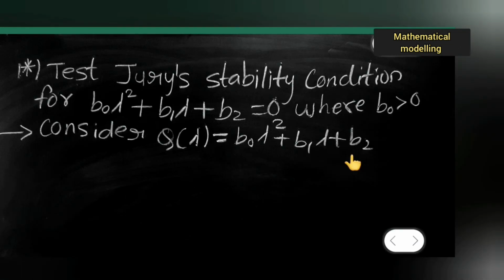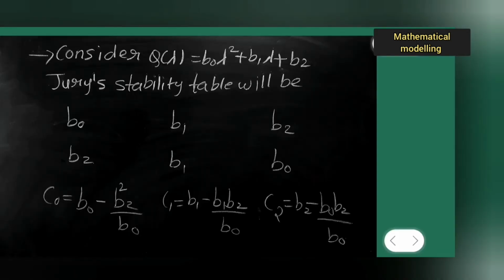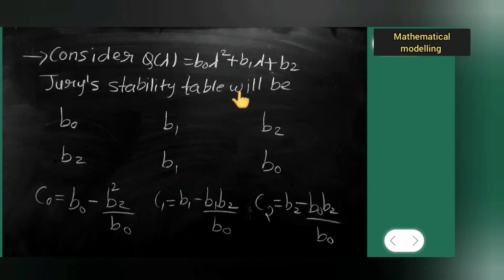So in the first row, I have to write all the coefficients of the polynomial.